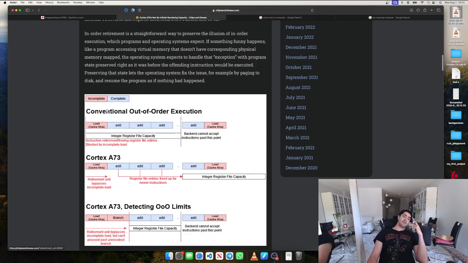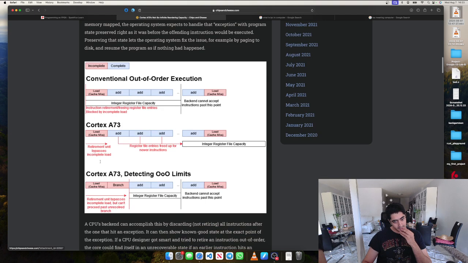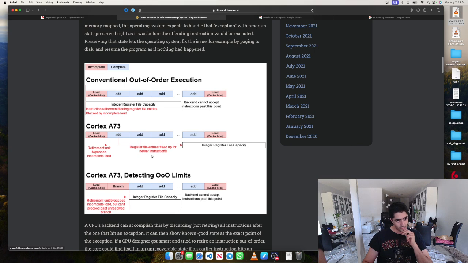Okay, so you can see the conventional way used to be load cache miss, retirement, but in Cortex A73 you have your retirement unit bypassing an incomplete load, and then it adds register file entries for newer instructions, and then add, and then load cache miss, integer register file capacity.